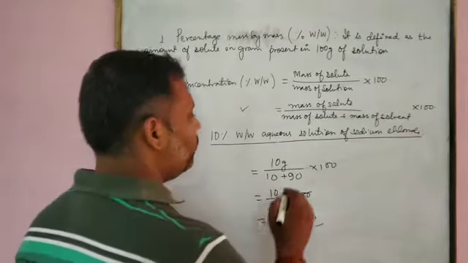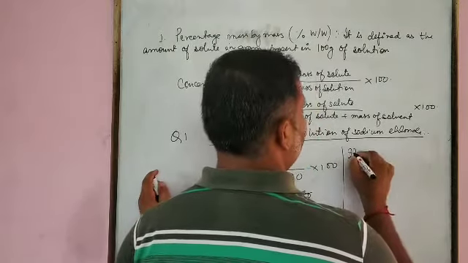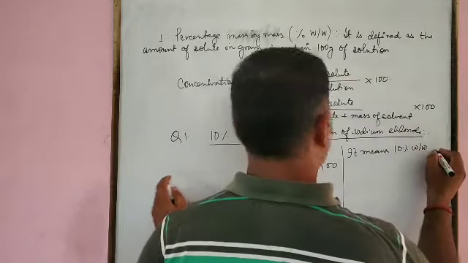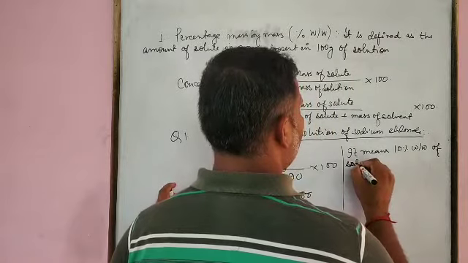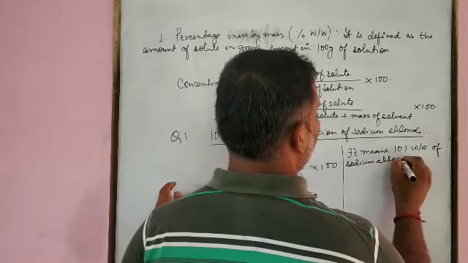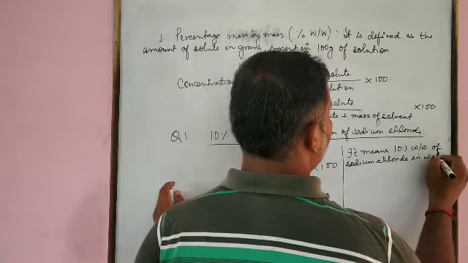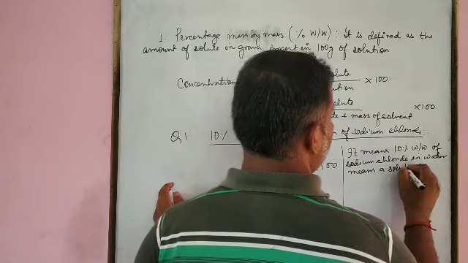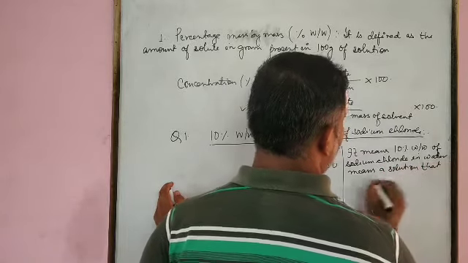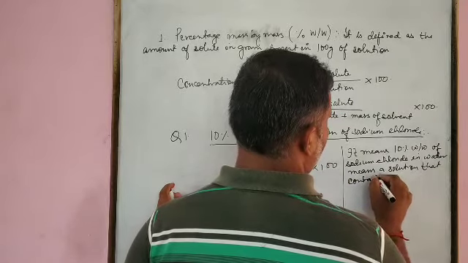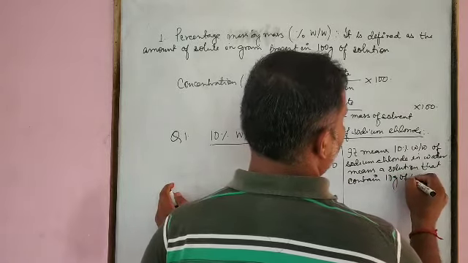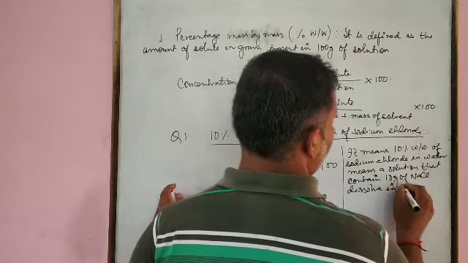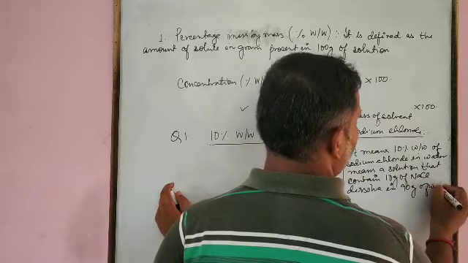A 10% W by W solution of sodium chloride in water means a solution that contains 10 gram of NaCl dissolved in 90 gram of water.